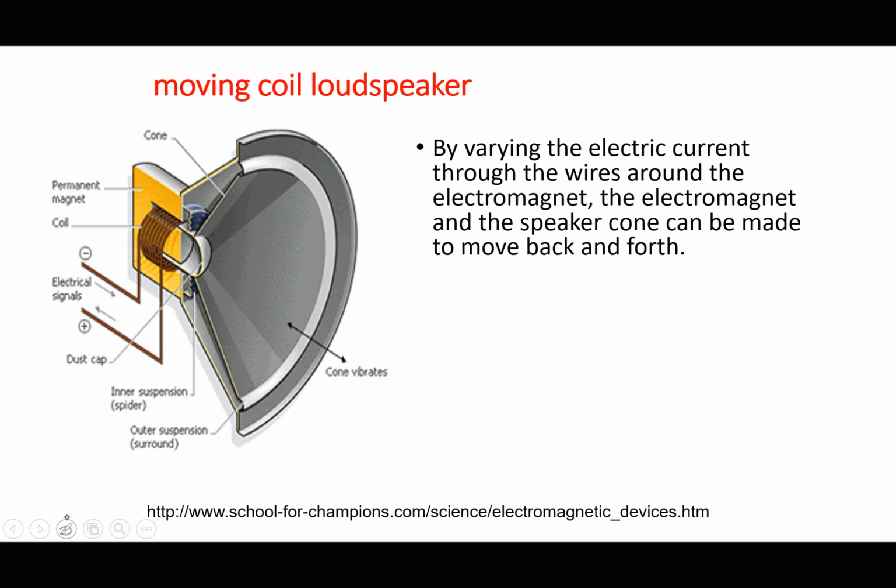By varying the electric current through the wires around the electromagnet, the electromagnet and the speaker cone can be made to move back and forth. That is, they are being forced to vibrate.